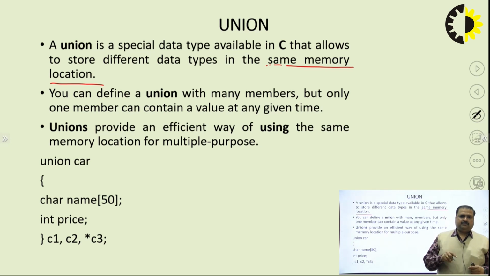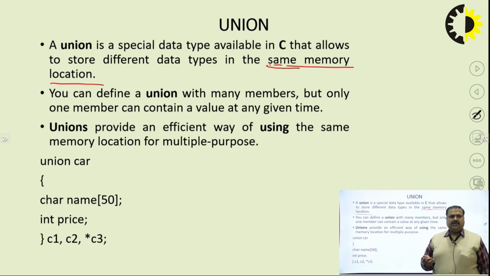In structures we studied that the overall size of the variable of a structure type will be the addition of the requirement of all the data members. But here in union, what is the difference? The difference is that everything is being stored in the same memory location. That means every member is sharing that same memory location.